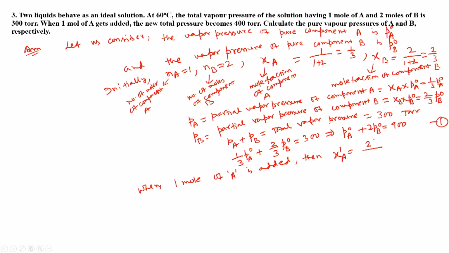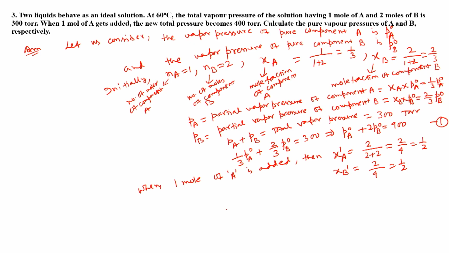Initially we had 1, we are adding 1 more, and total number of moles we had 3, now we have another 1 mole, so 4. So 2 by 4, so we get 1 by 2, and XB prime is the mole fraction of component B after adding 1 mole of component A. Here also we get 2 by 4, so we get 1 by 2.